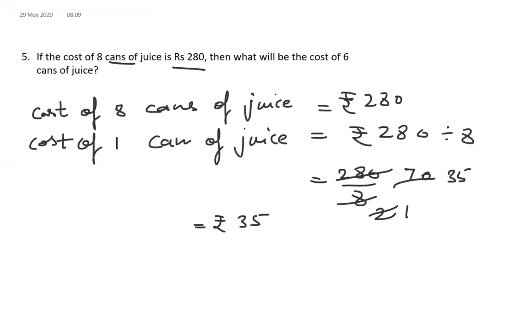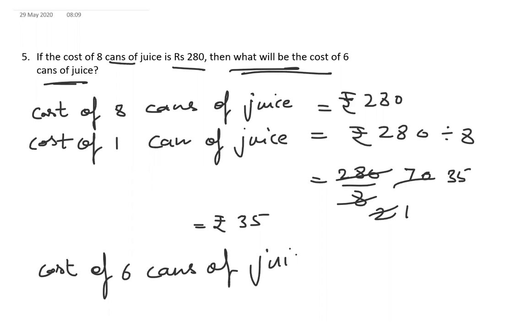Okay, now what will be the cost of 6 cans of juice? The cost of 6 cans of juice is equal to 35, which is the cost of 1 can of juice, just multiply it by 6, beta. Multiply 35 by 6, so you will get 210 rupees.